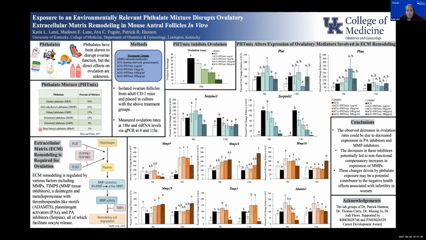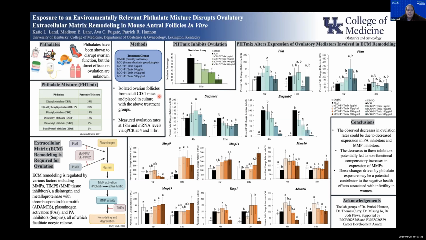So this surge of LH or HCG also triggers extracellular matrix remodeling, or ECM for short. It's required for successful ovulation because it aids in follicle wall breakdown. And so LH or HCG induce increases in various proteinases in the matrix metalloproteases, or MMP for short, and in the plasminogen activator families, or PA for short, which facilitate this required remodeling of the ECM. And so you can see that pathway laid out nicely here.